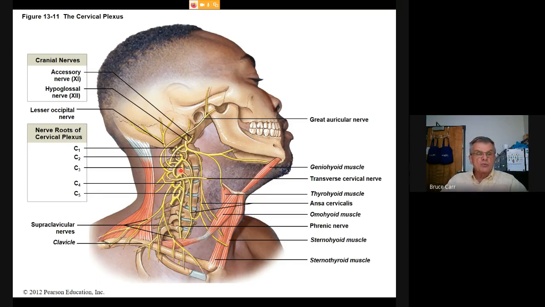But one of the things that's really obvious, just from looking at this first example, is how often these nerves loop around and connect to one another. So here is the spinal nerve C2 coming out. And you'll notice this major element that loops around and connects right to C3, which loops around and connects right to C4.